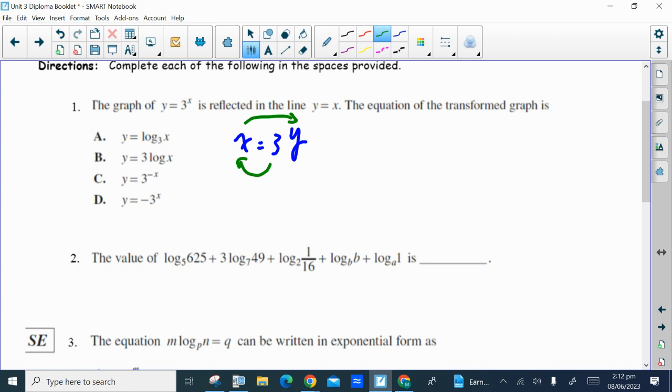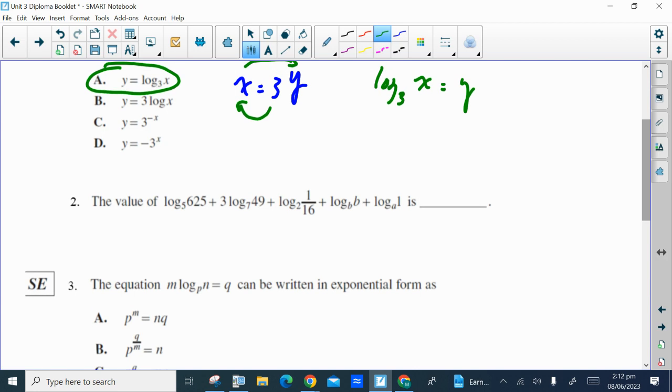The exponential function has a base of 3, so the log will have a base of 3. It'll be log base 3 of x equals y. Again, you have to remember that reflecting over the line y equals x is the inverse.